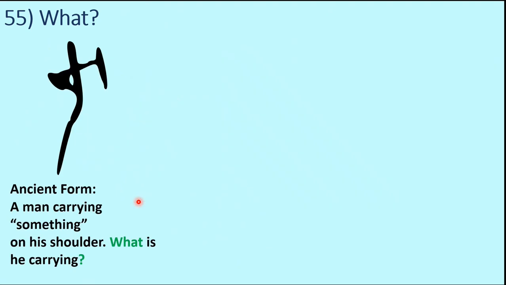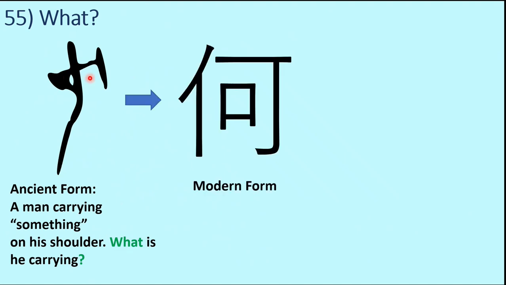And this is the ancient form of this character, a man carrying something over his shoulder. So what is he carrying? That is not clear, and that's why this what question is coming, and that's why this symbol is used for what. And from this ancient character, this modern character for what, that is nan or nani, has been derived.